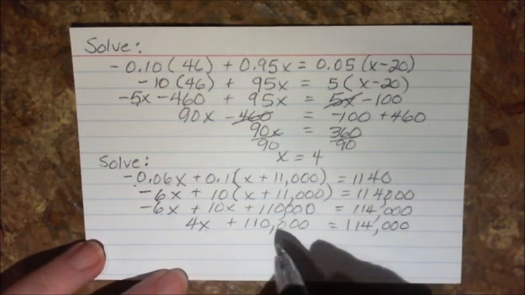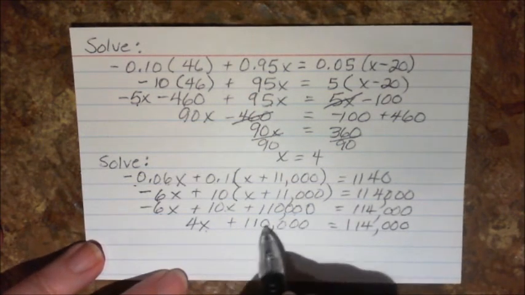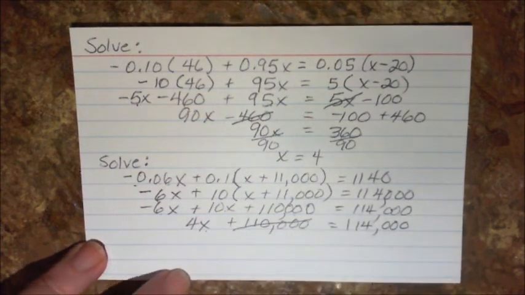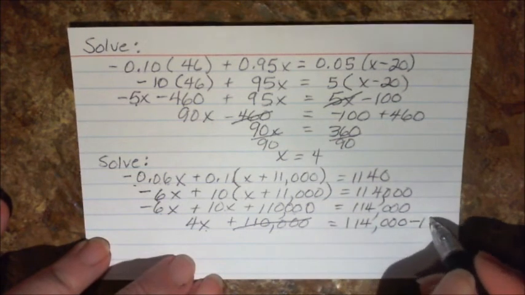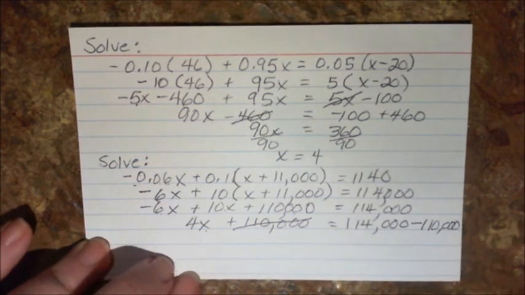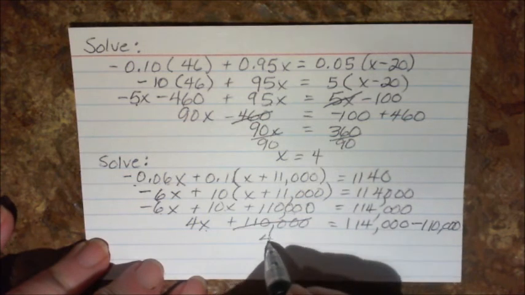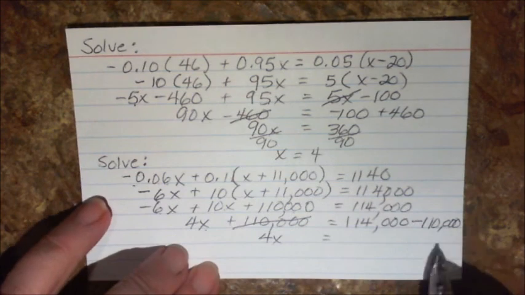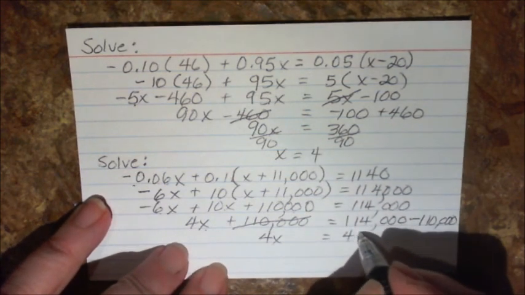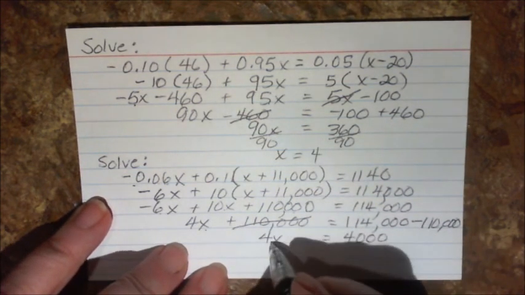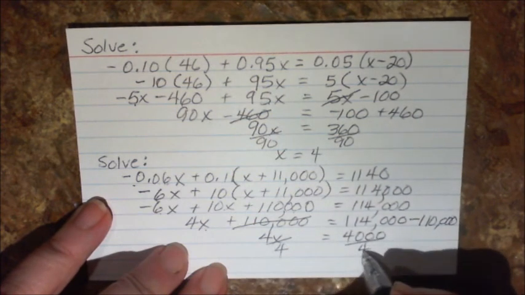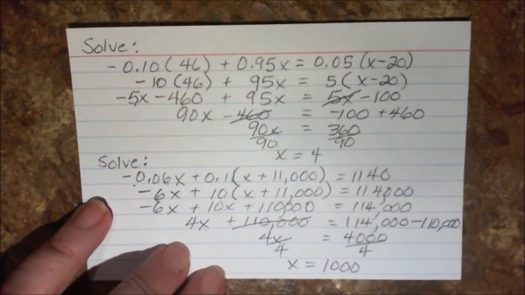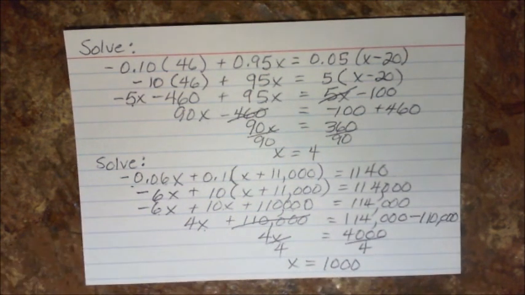Now we'd like to isolate the variable term, so let's eliminate the constant here, plus 110,000 with minus 110,000. Minus 110,000 gives us 4x is equal to 4,000. And now we can divide both sides by 4 for a solution of x is equal to 1,000.